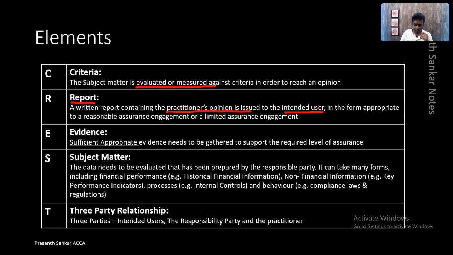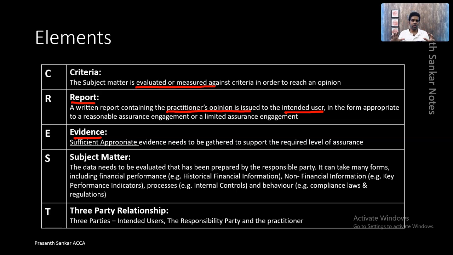And then, of course, if the practitioner has to say that, you know what, the subject matter is of good quality, he needs to have evidence. Anything and everything can be proven only through evidence. And that is basic 101 for our audit. You need to have evidence. You need to gather evidence.